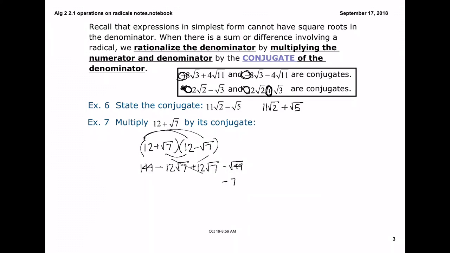These center terms cancel out. So if we have 144 minus 7, we get 137. So remember, we cannot have a radical in the denominator. So when we rationalize and use the conjugate, we will always end up with a nice, neat whole number.